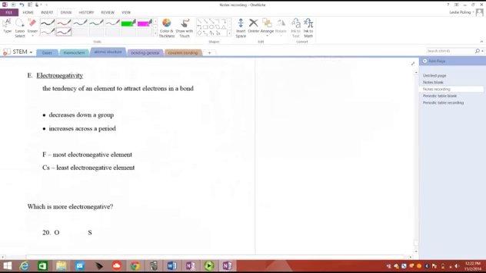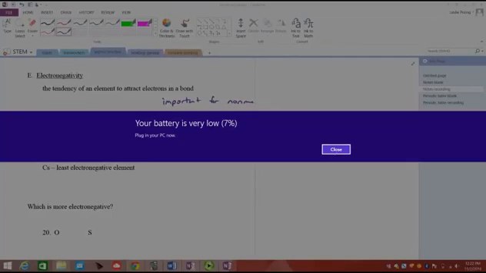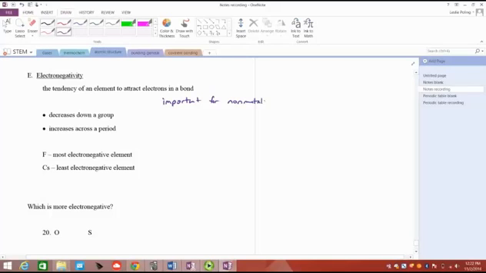And the last trend we're going to talk about is electronegativity, which is the tendency of an element to attract electrons in a bond. Going to be important for nonmetals in covalent bonds where they share electrons.